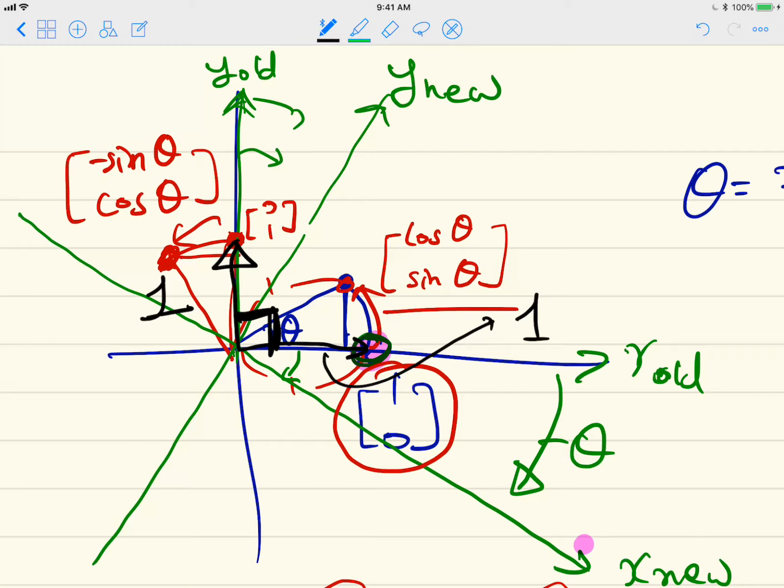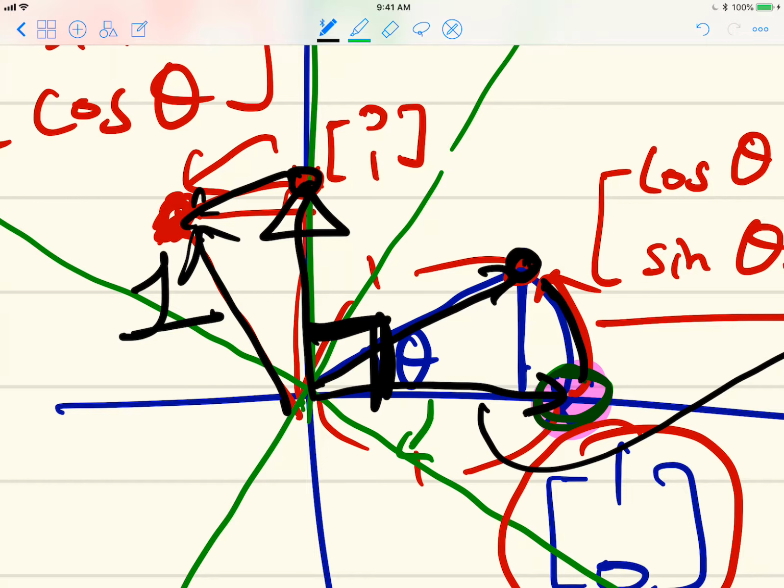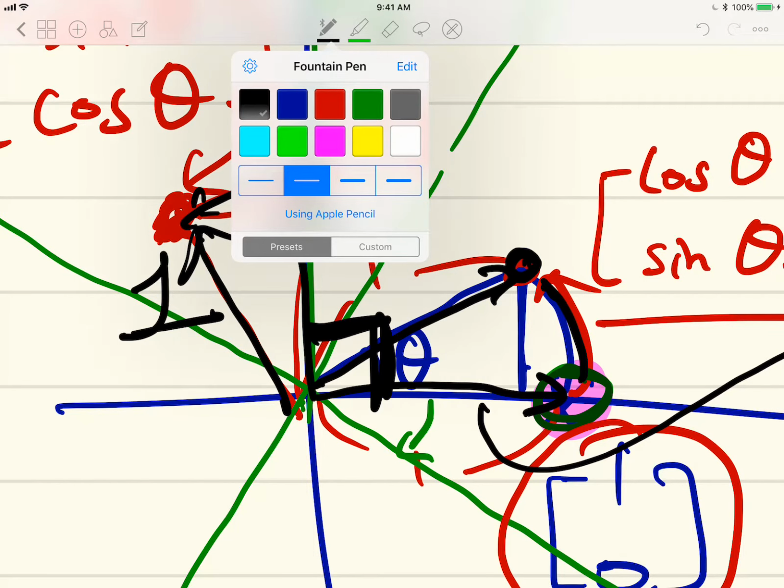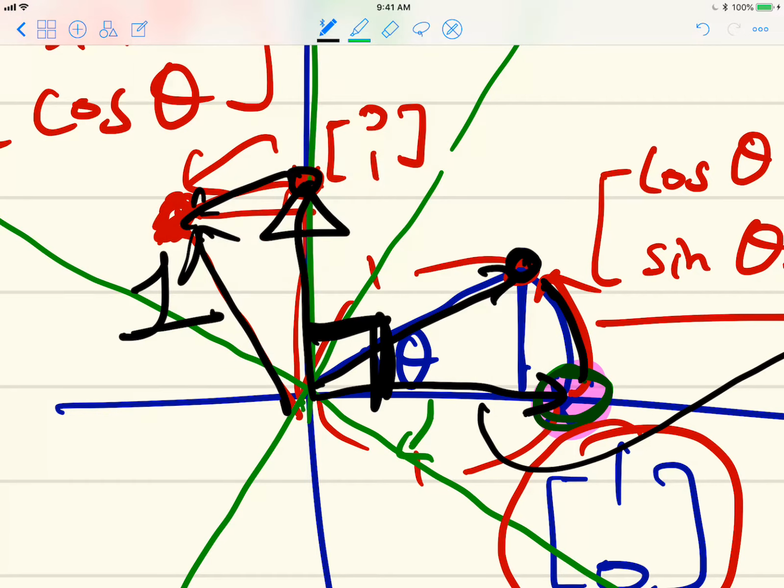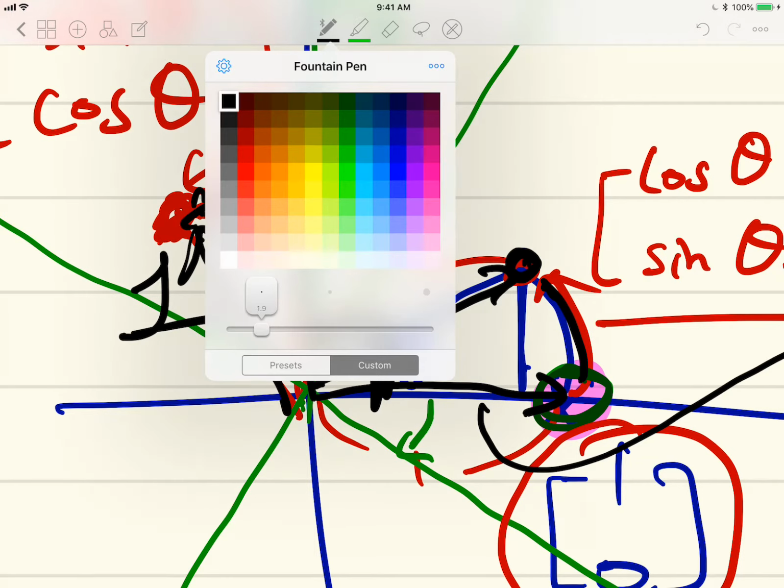So in that case, suppose this guy was rotated into this point, and this guy is rotated into this point. Okay, so we now have these two, I'm running out of colors. Okay, maybe purple.